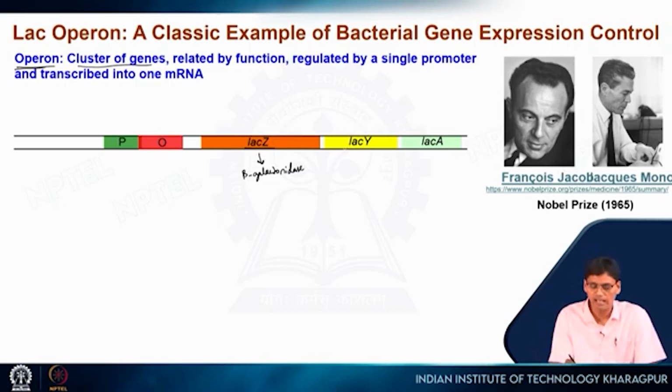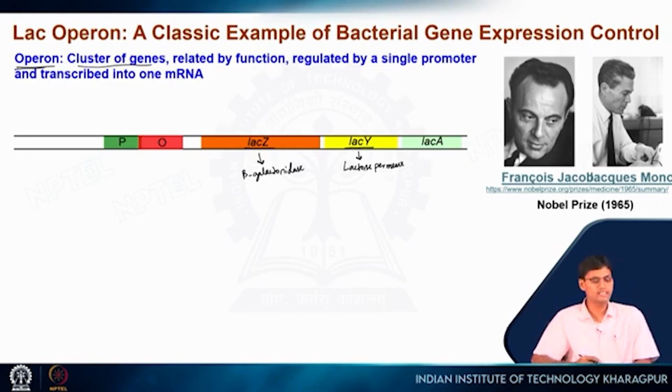Similarly, LacY will produce another enzyme called lactose permease. And the third one, LacA, will make an enzyme with a big name, thiogalactoside transacetylase.